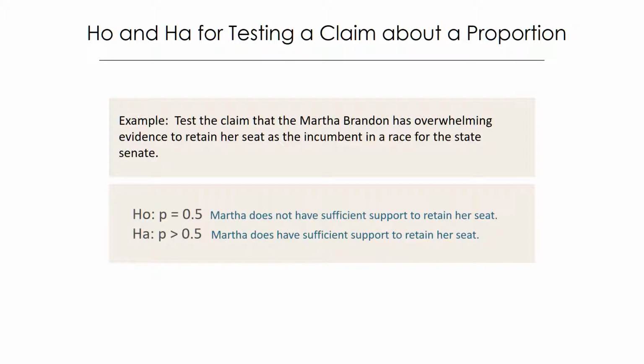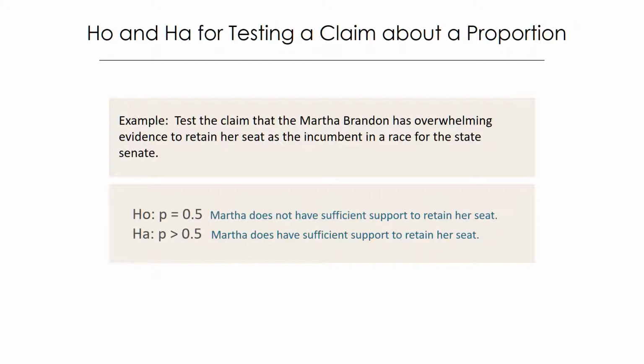For H0 and HA testing a claim about a proportion, for example, we have testing a claim that Martha Brandon has overwhelming evidence to retain her seat as the incumbent in a race for the state senate. So this is about a proportion, the proportion of supporters. So the null hypothesis is that the proportion is just 50%. It's just a 50-50 chance.